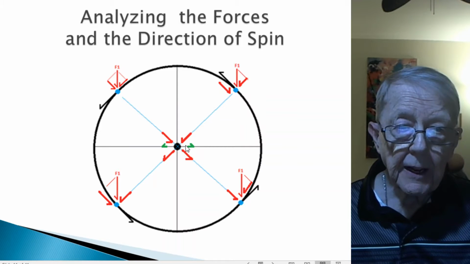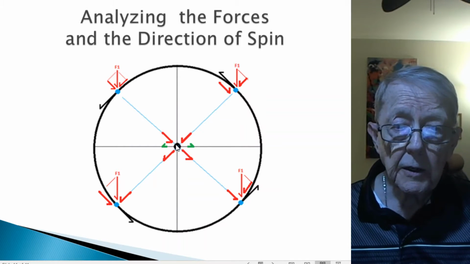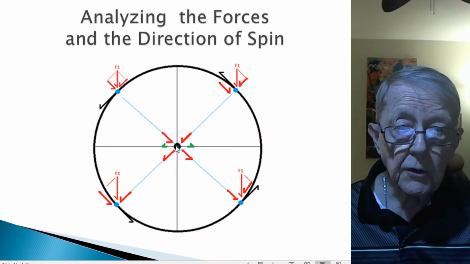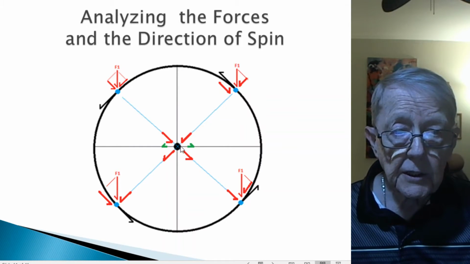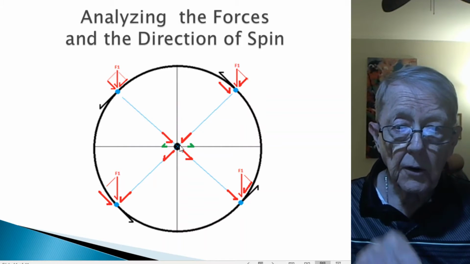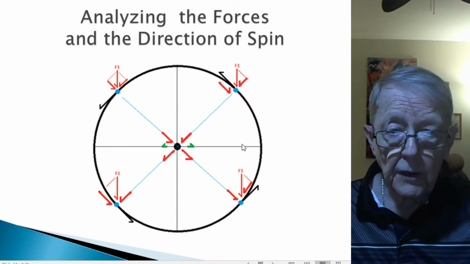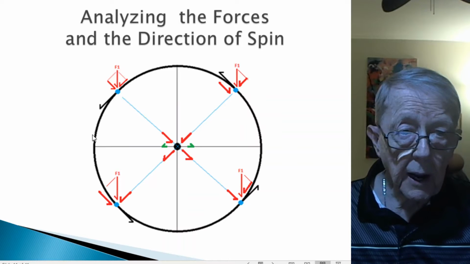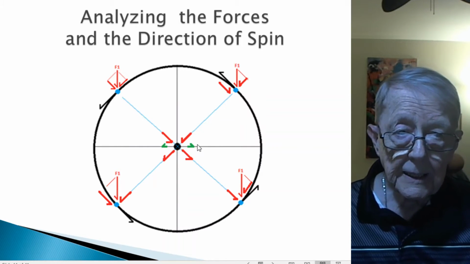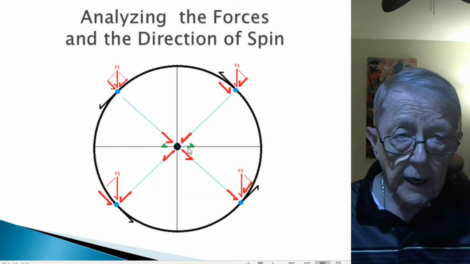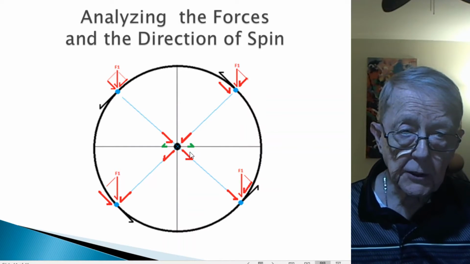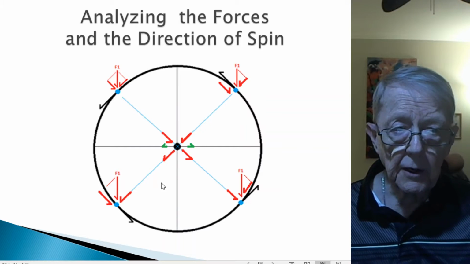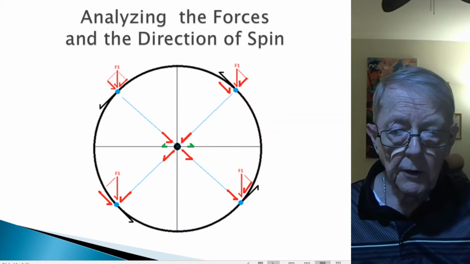Now, if this is counterclockwise, then this axle is going to go counterclockwise, which means it's going to go this way and around and back. It's going to go this way. This should be the dominant force, this direction. I didn't show that very clearly there.